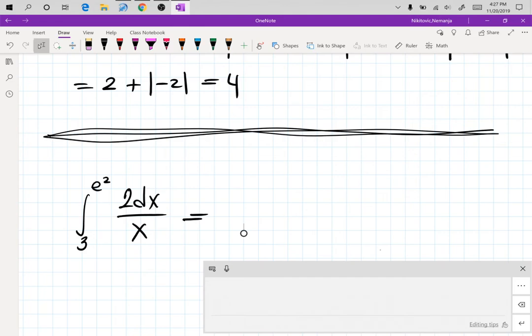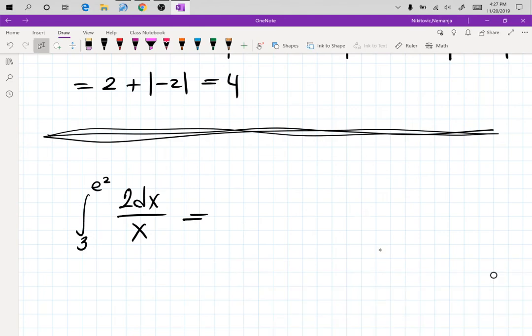How do we integrate this? We start by kicking out the 2. Very good. And now we just have 1 over x dx.